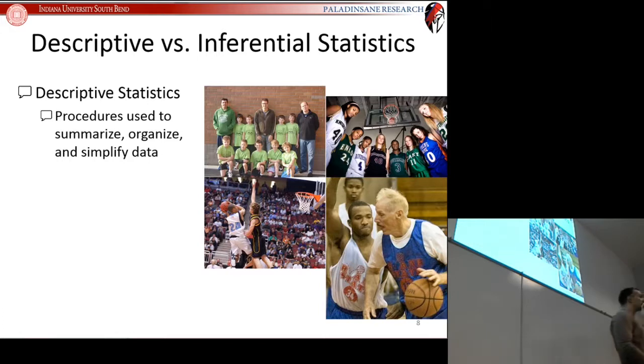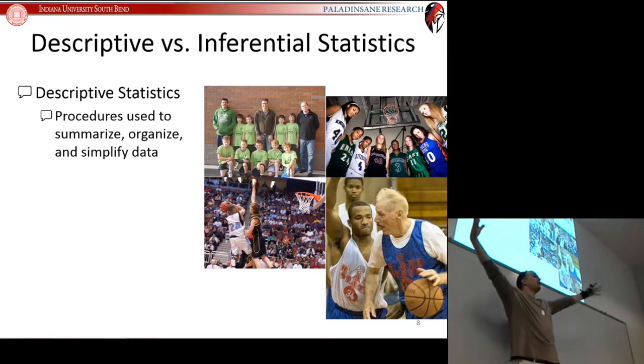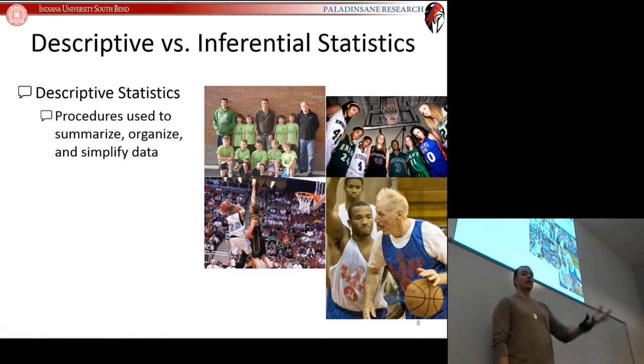So that example that I gave about the mean, where you take 100,000 numbers and boil them down to one number so the governor of Indiana can understand and make sense of the situation, that's an example of descriptive statistics.